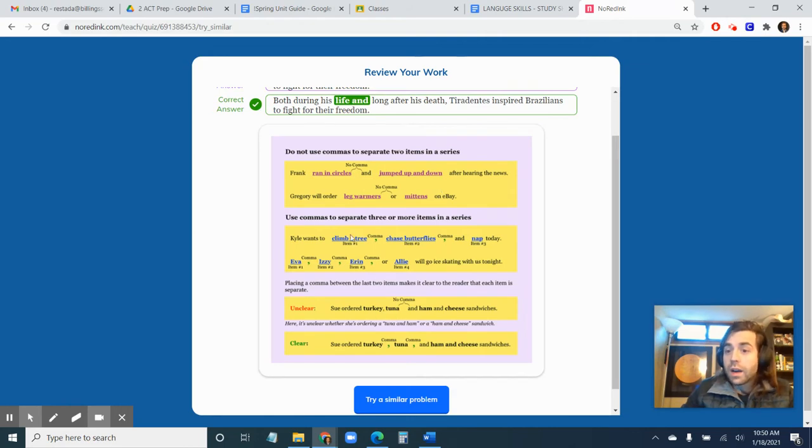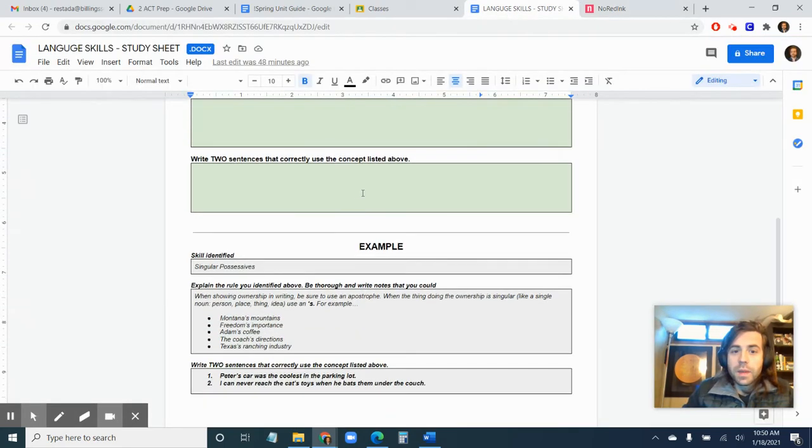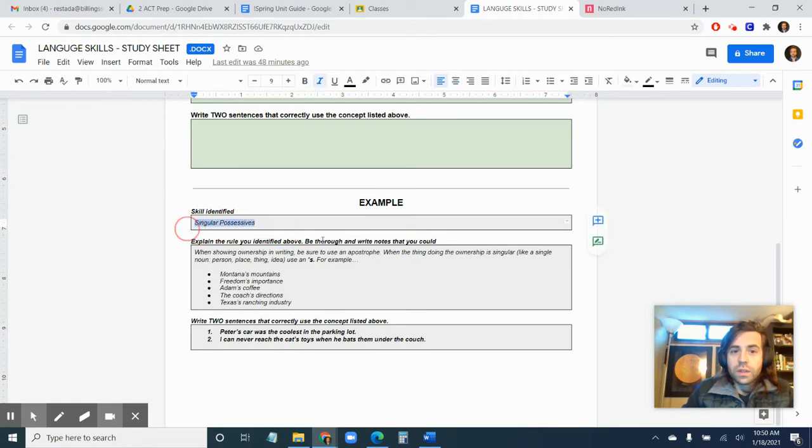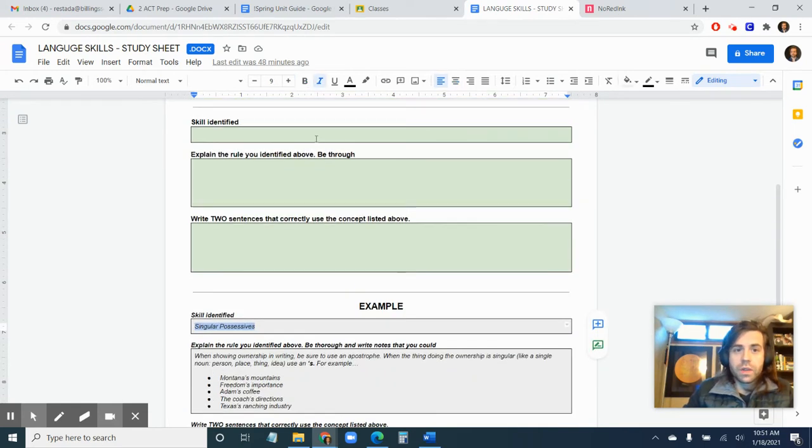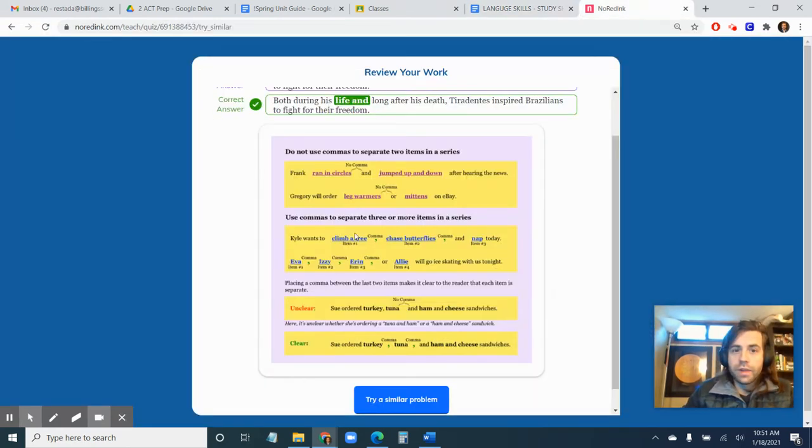So I'm going to take these notes and translate them into what I'm working on. The skill identified might be using commas in a series. That means a list, right? So explain the rule you've identified above. I might just paraphrase what I'm seeing here.